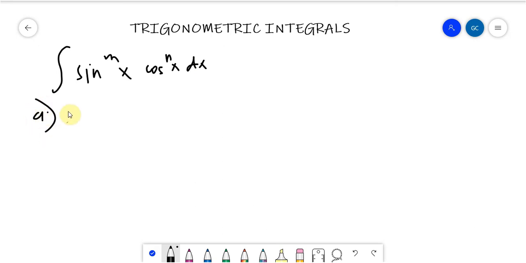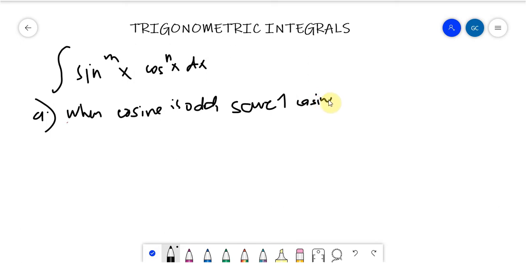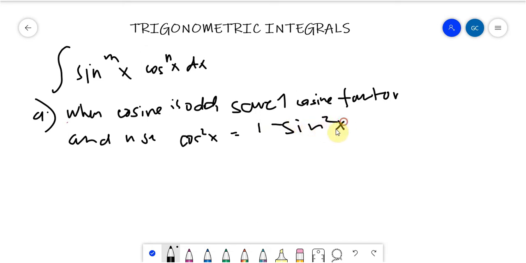The first strategy is when cosine is odd, we need to save one cosine factor, and we will use this identity: cosine squared x is equal to 1 minus sine squared x to express the remaining factors in terms of sine.